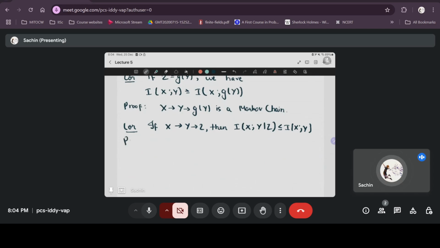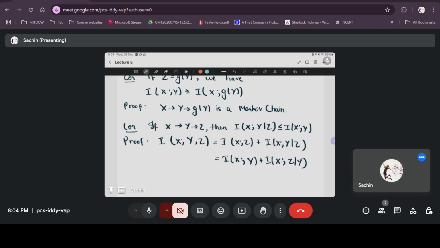First, we'll see the proof of that. I of X;YZ is I of X;Z plus I of X;Y given Z. It's also equal to I of X;Y plus I of X;Z given Y. But X, Y, Z form a Markov chain.